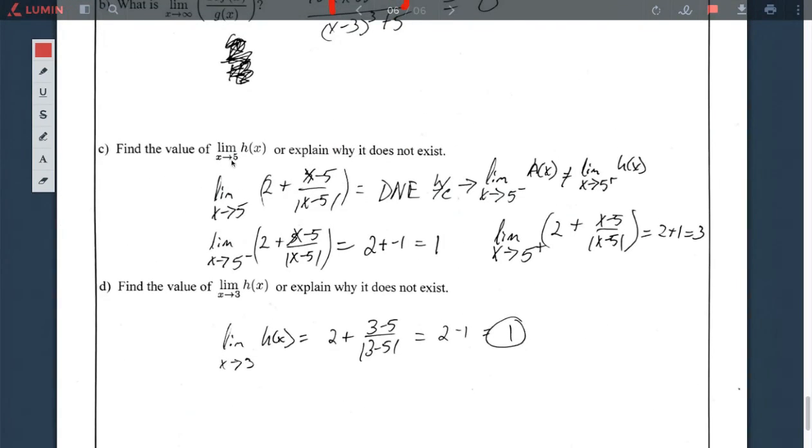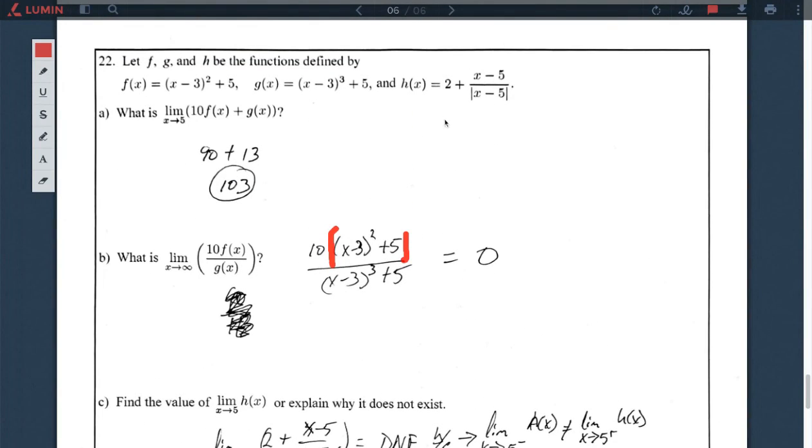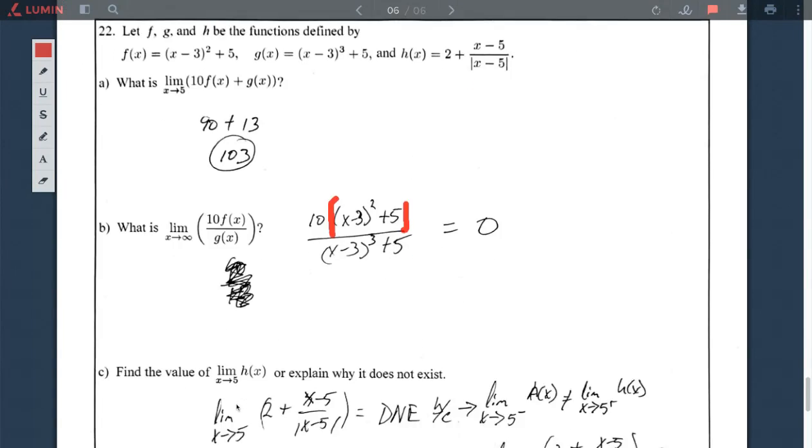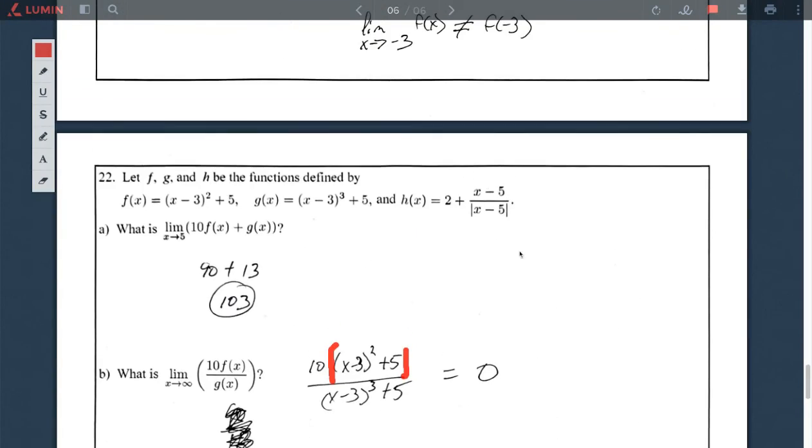Limit as x approaches 5 of h of x. So h of x is right here. So another one of these. So that thing either has to be 1 or -1. We are approaching 5, so that means we have to have the same thing from both sides. So if I'm approaching 5 from the right, the top's going to be positive, bottom's going to be positive.